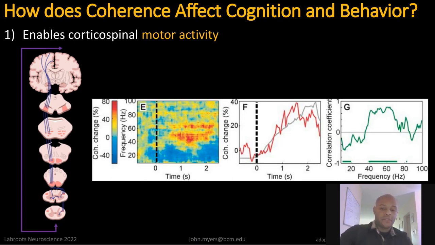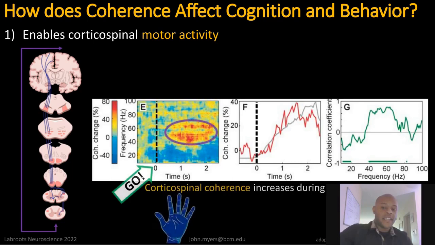And at the time of a movement, there is coherence between the electrical activity observed at that contact on the hand and the magnetic, which is also half electrical, activity observed on the scalp. Those two different patterns of activity are synchronized in this frequency band, this 40 to 60 hertz, during movement.